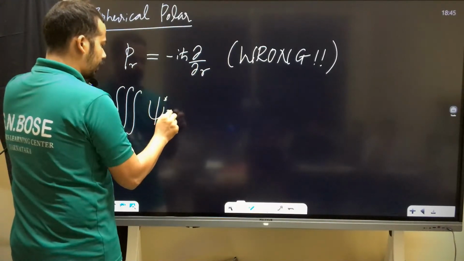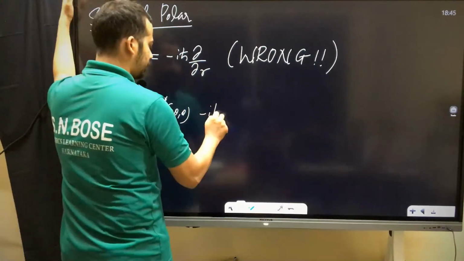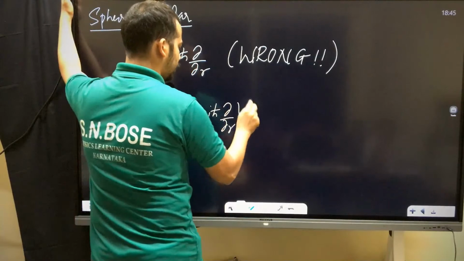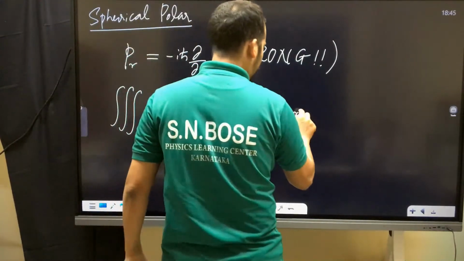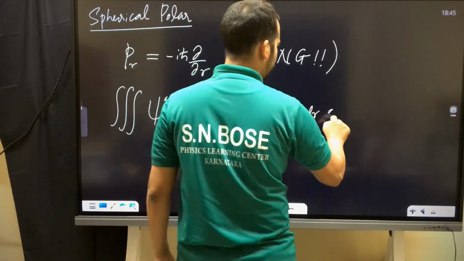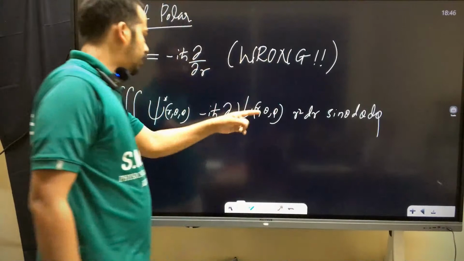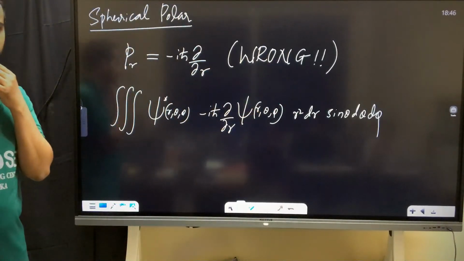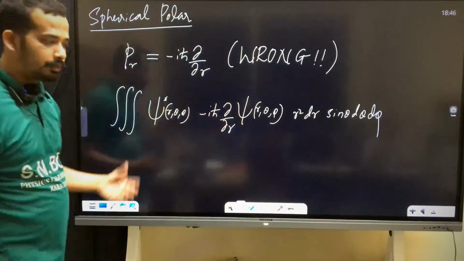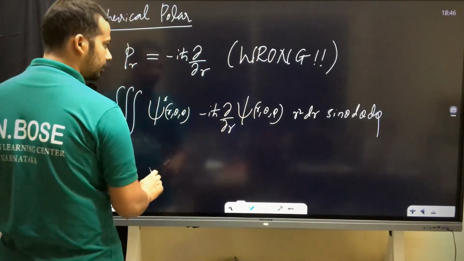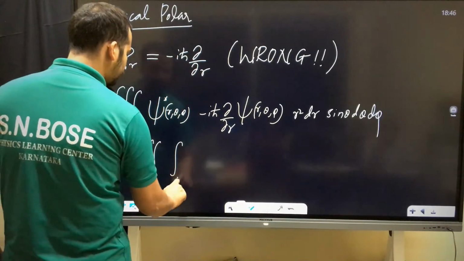Psi star of r, theta, phi, into minus i h bar dou by dou r of psi of r, theta, phi, r square dr, sine theta d theta d phi. Now it's not a straightforward integration by parts actually. R square is there, including that one. With respect to r, suppose you are doing only the r part of the integral, leave theta and phi for later, 0 to infinity.